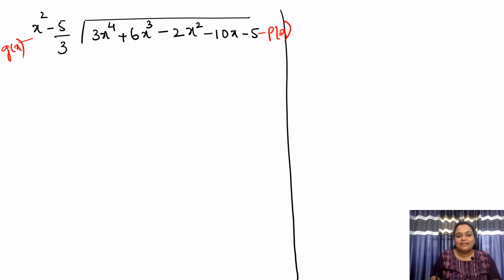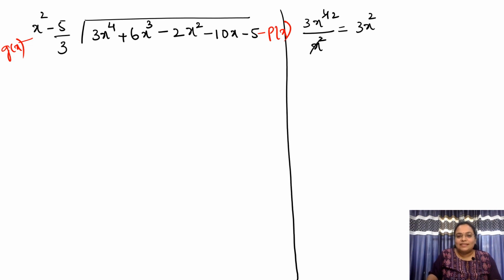To divide these two polynomials, we will divide the first term of p of x, that is 3x power 4, by the first term of g of x, which is x square. You will get 3x square.